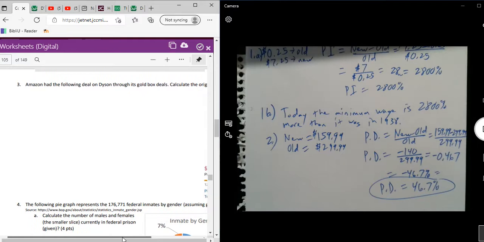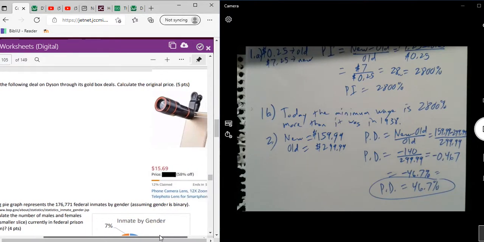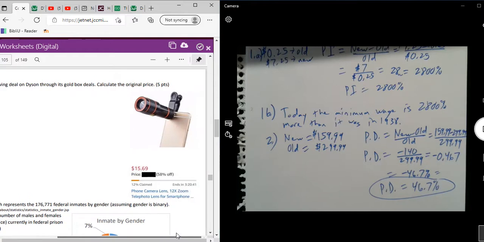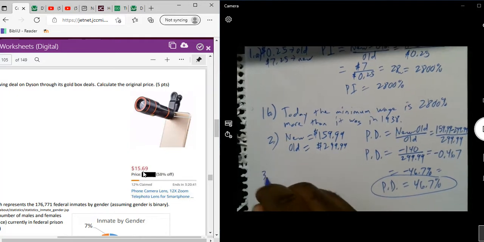Problem number 3 says Amazon had the following deal on Dyson through its gold box deals. Calculate the original price. This is the new price, the $15.69, and you notice the original price is blacked out, and this is 58% off. So we could do an equation here.